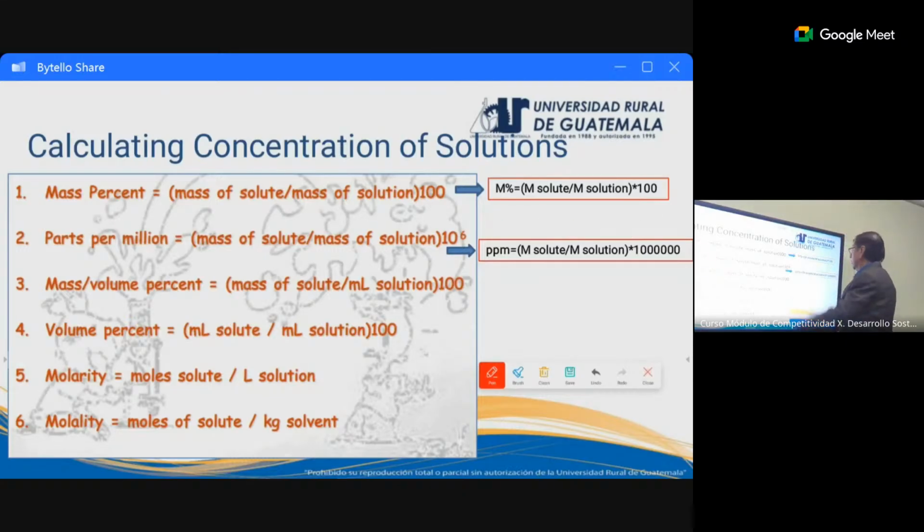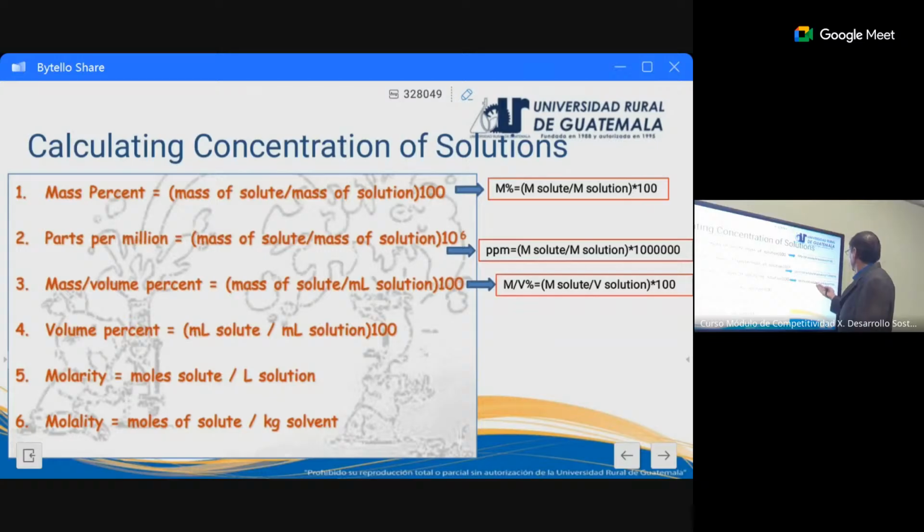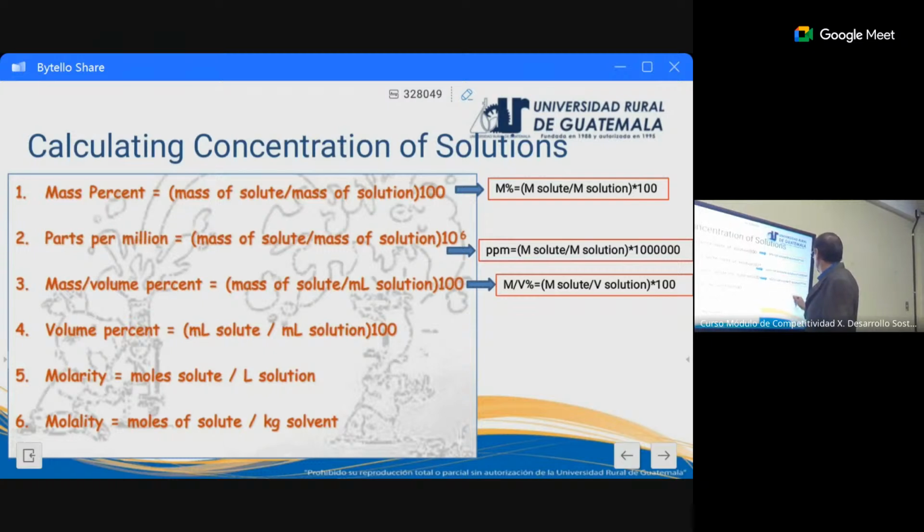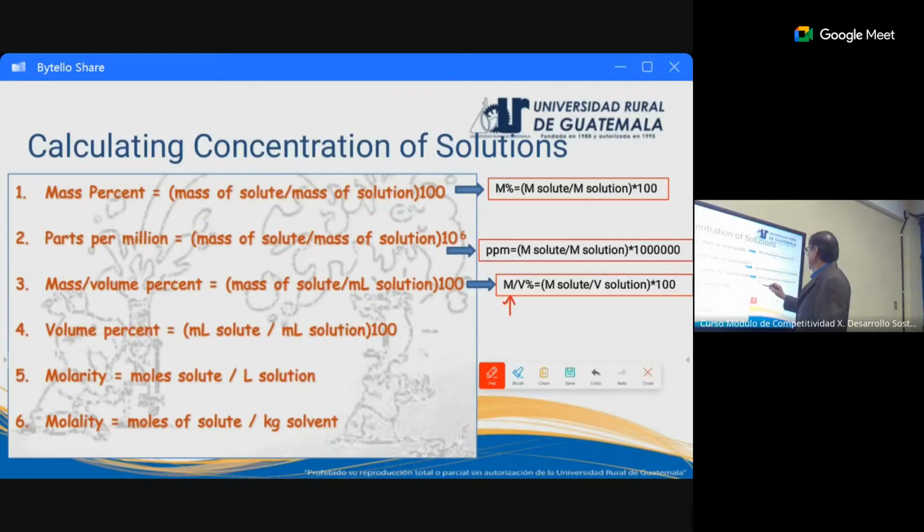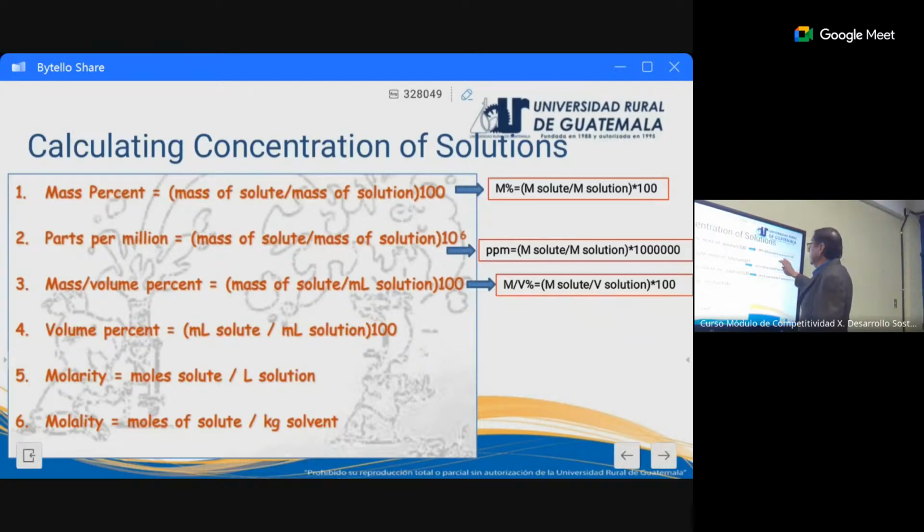Now let's check the next formula here, that is the mass divided by volume percent. In this case, M divided by volume percent equal to M solute divided by volume solution and multiplied by 100. Okay? Next, we're going to use another formula here, that is the volume percent.